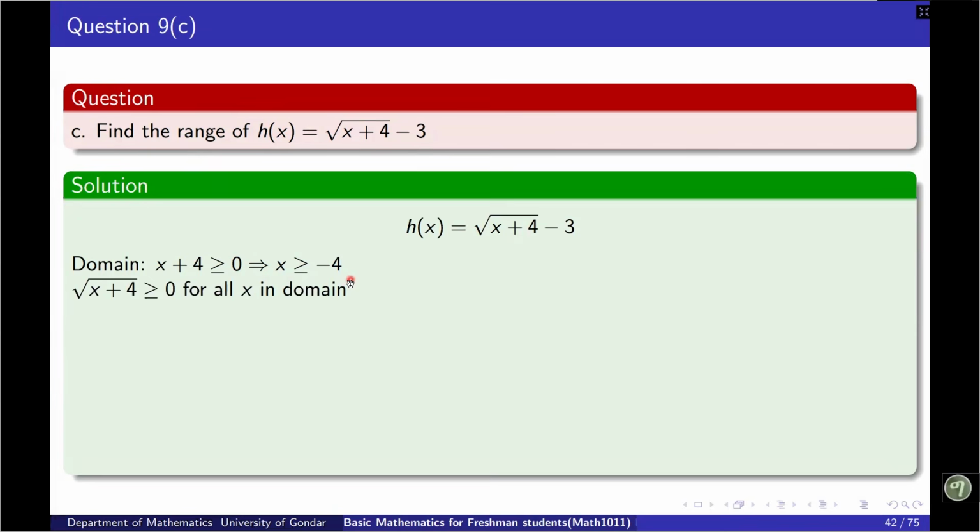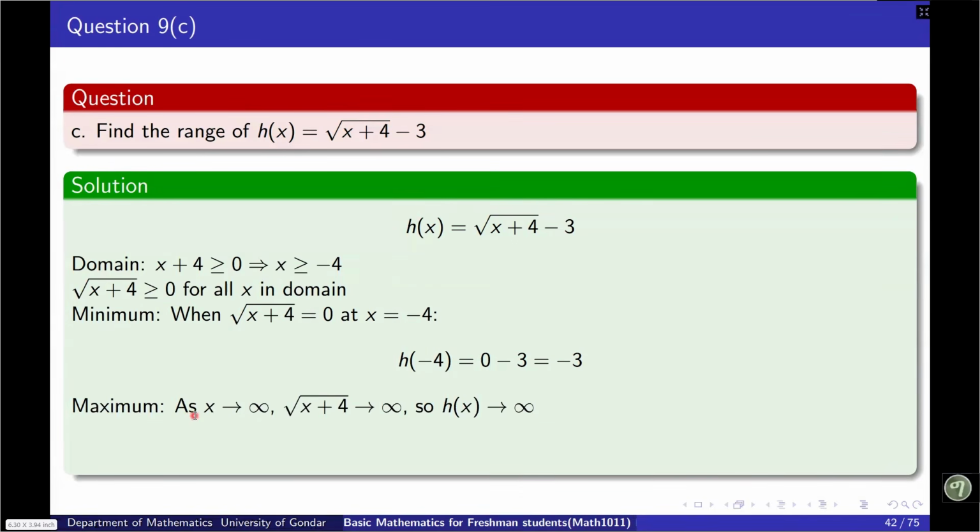Then for all x in the domain, the square root would be minimum whenever it is 0, which happens when x is equal to minus 4. But h of minus 4 is equal to 0 minus 3, which is minus 3. Therefore, the minimum value of this function h of x is minus 3.